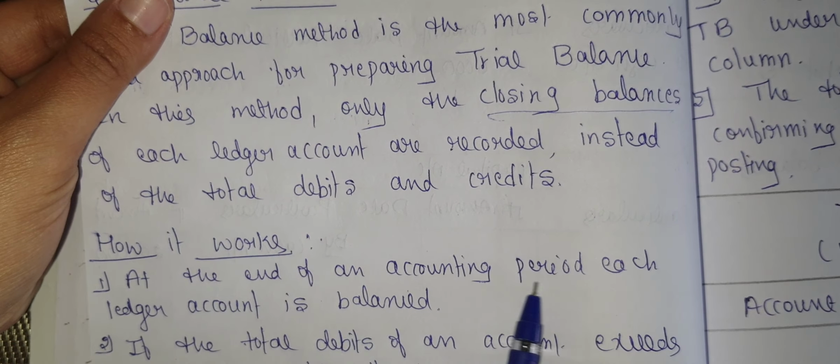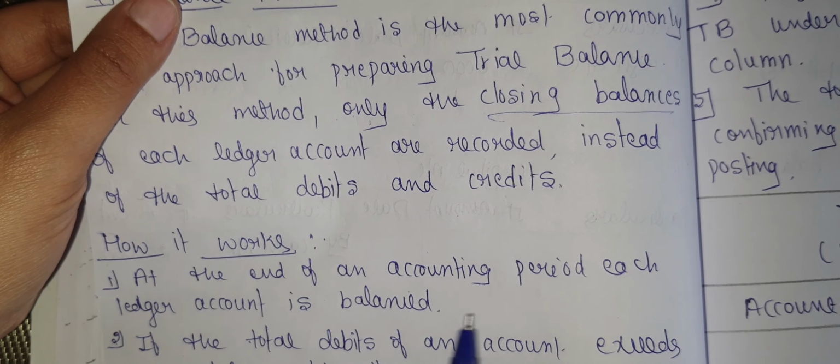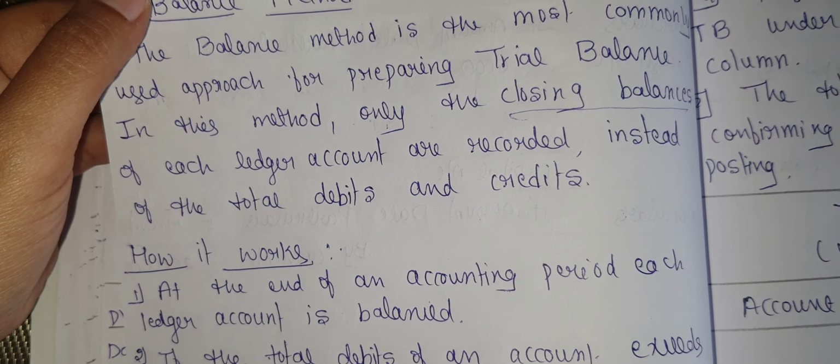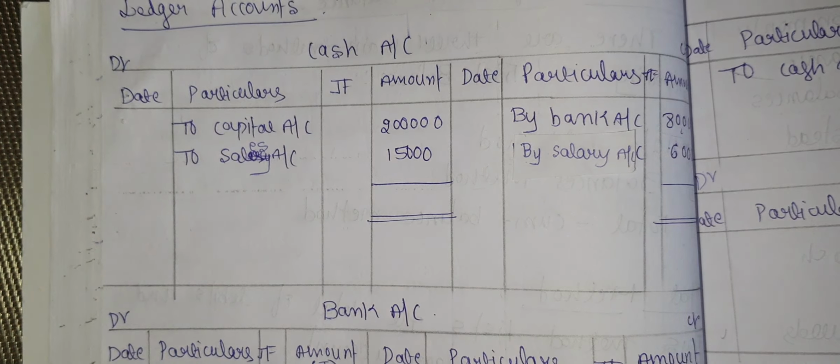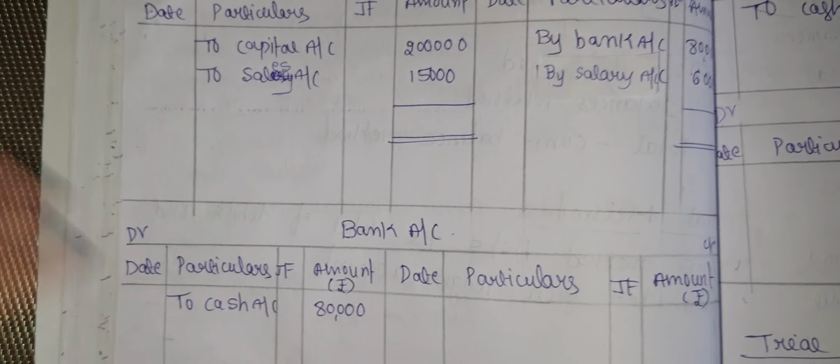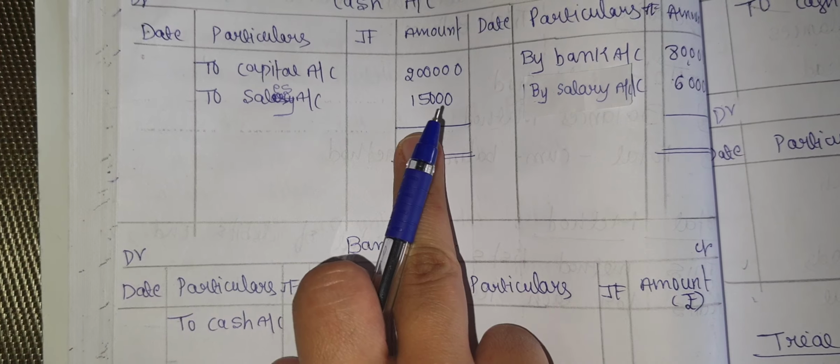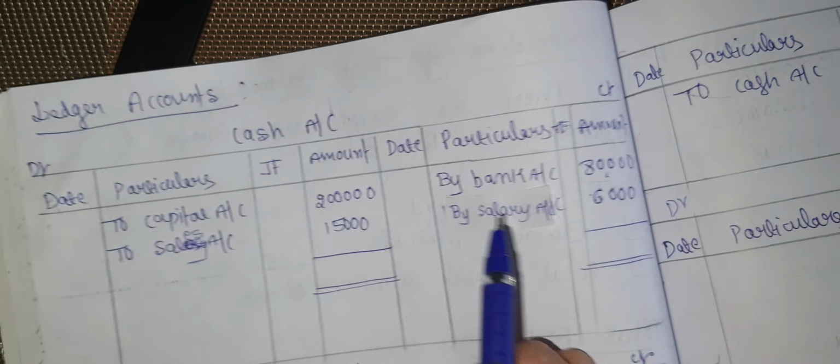See here, the ledger account. First, what do we have to do? At the end of an accounting period, each ledger account is balanced. So first we will balance each ledger account. Here the debit balance is rupees 2,15,000. The credit balance is only 86,000.